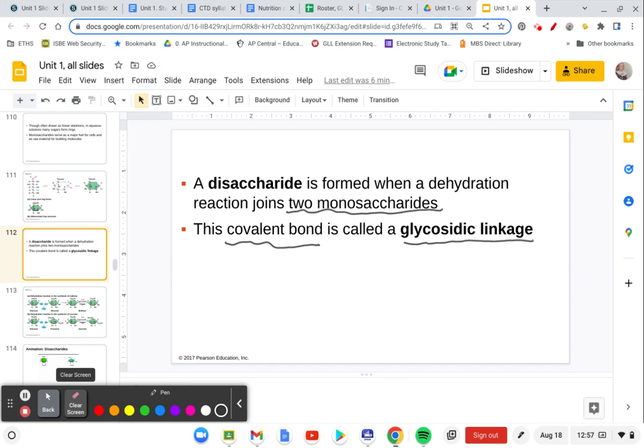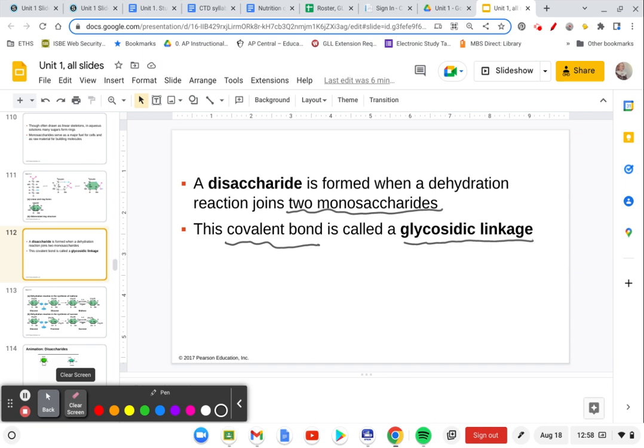So if you see in a prompt something about a molecule that scientists have discovered and it has glycosidic linkages between the monomers, and it's in a ratio of 1 to 2 to 1, carbons to hydrogens to oxygens, then you would know that most likely that would be a type of carbohydrate that has just been discovered.